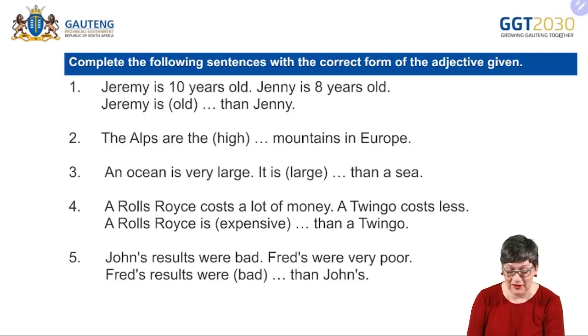I hope you remember that one. Number 4 was a Rolls Royce costs a lot of money. A Twingo costs less. A Rolls Royce is expensive than a Twingo. And then number 5 says John's results were bad. Fred's results were very poor. Fred's results were bad than John's.